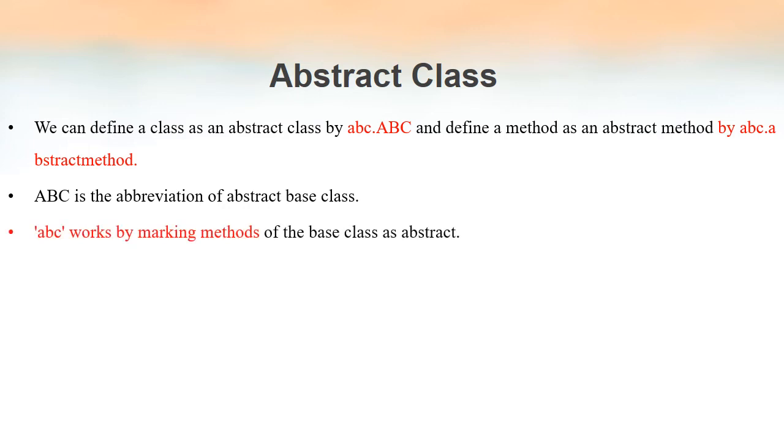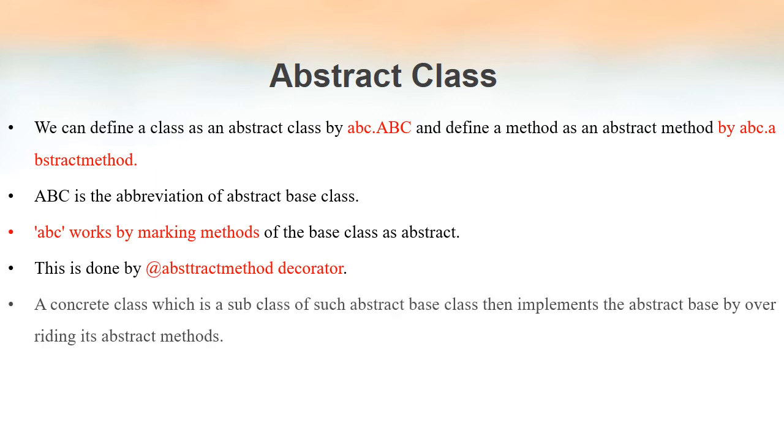Here ABC works by marking methods of the base class as abstract. And if you want to mark a method as an abstract method, as mentioned in the first line, we have to use abc.abstractmethod, and we can use the @abstractmethod decorator to indicate that the method is an abstract method.